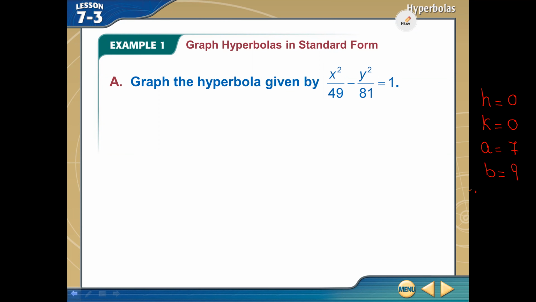What about c? Root 49 plus 81, so root 130. Yes, 130. It's approximately 11 point what, by using your calculator? 11.4. This is right? Yes. Okay.